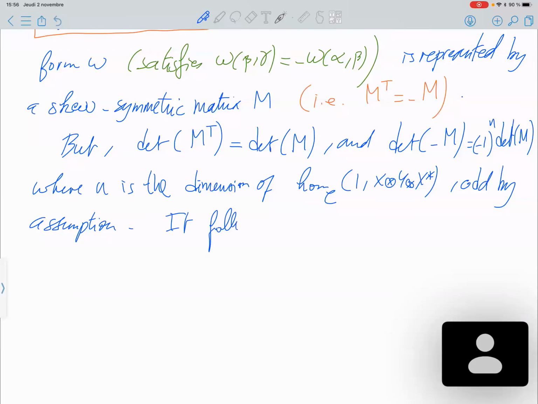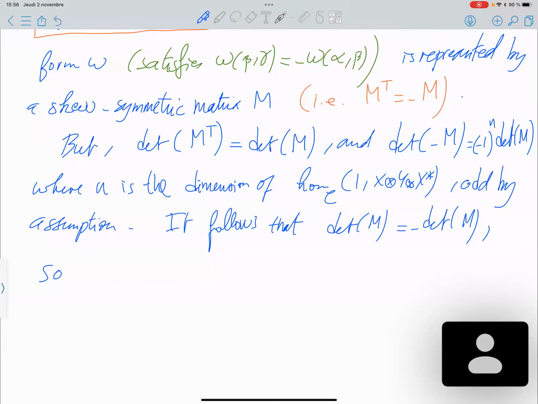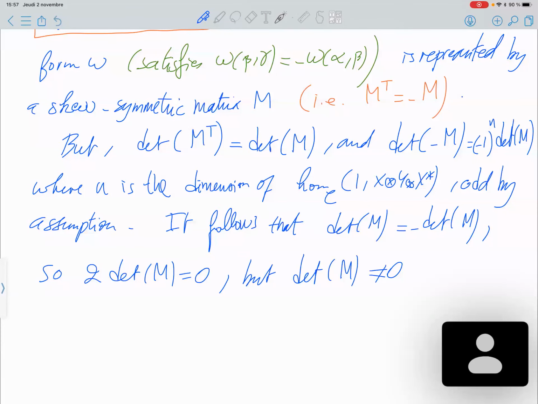It follows that the determinant of M is minus the determinant of M. So two times the determinant of M equals 0. But the determinant of M is different from 0 in K by the non-degeneracy assumption.